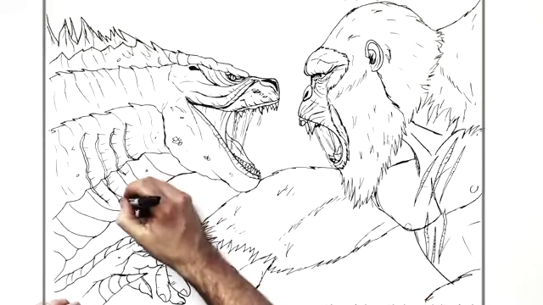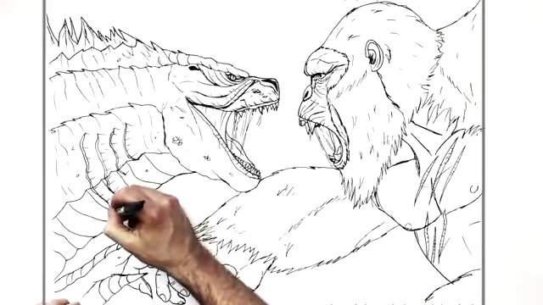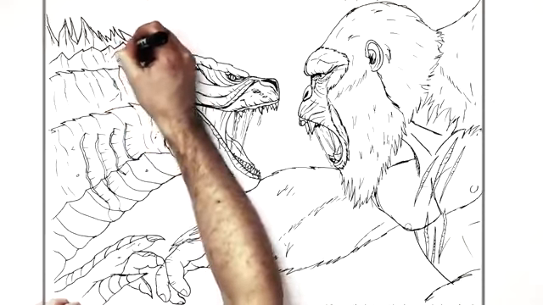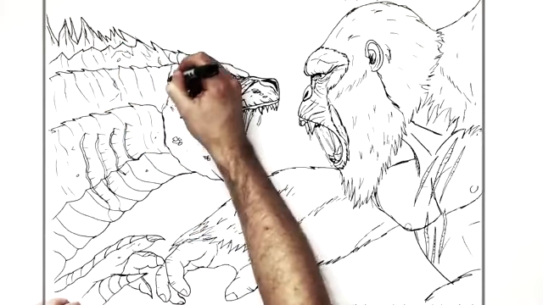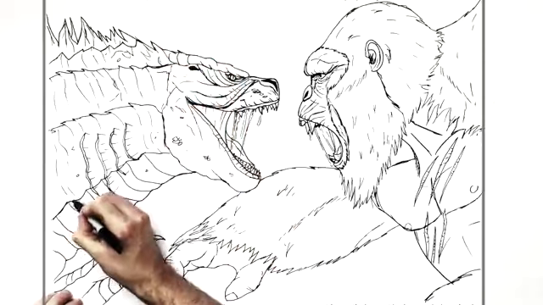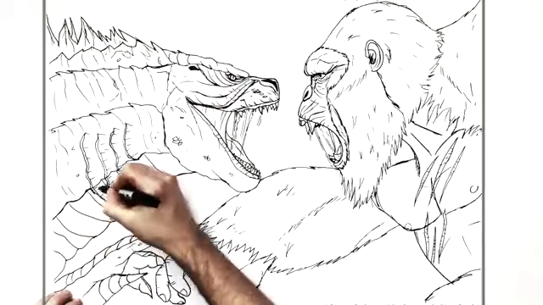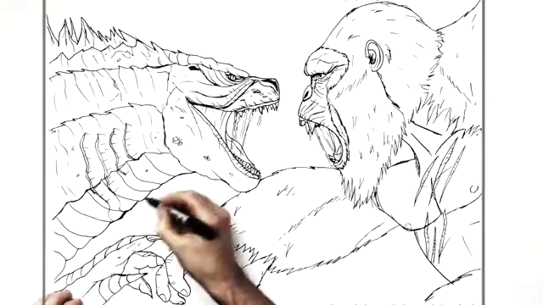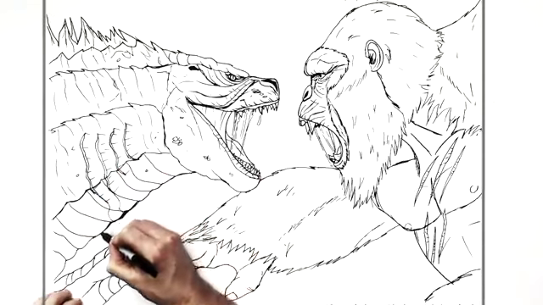Right. So when to stop is always the issue when you're doing things like this. So you can thicken up some of the lines if you want, just to add a bit of shadow.